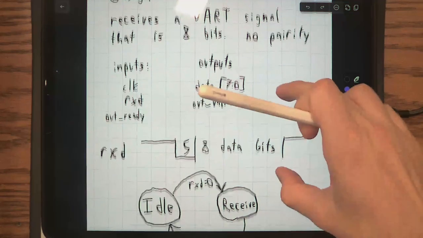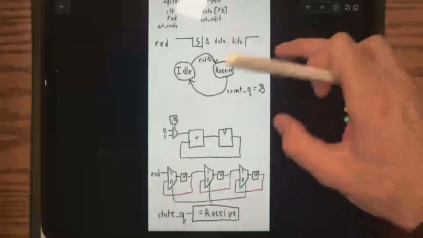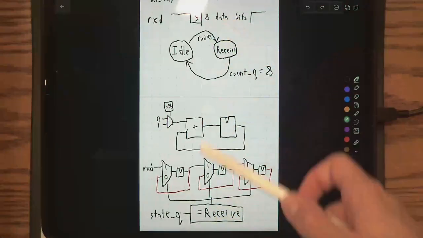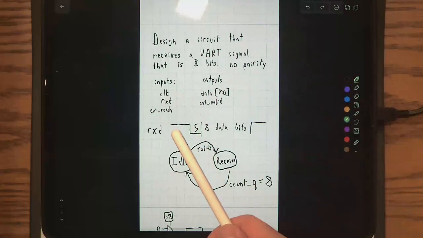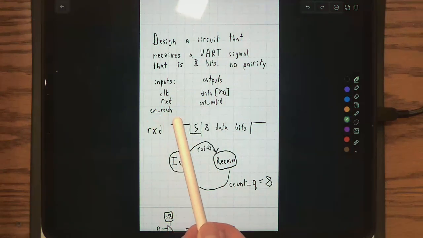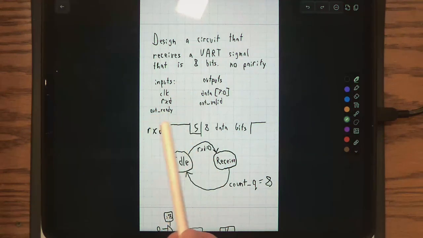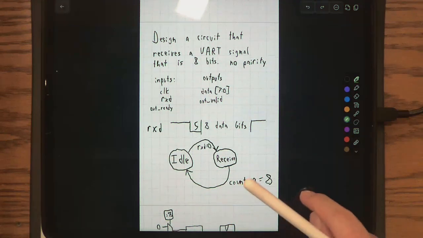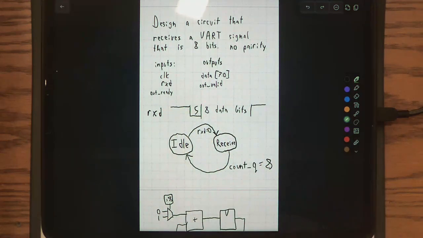So it's actually not related to this circuit. It's instead who. We're receiving as an input this out ready signal. So this would maybe be the output from an adder or something that we are plugging into.